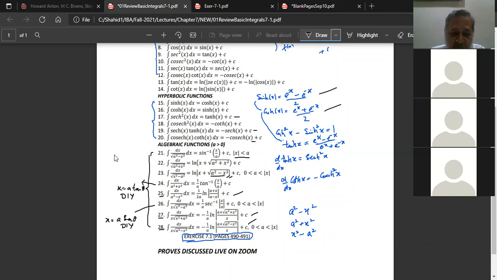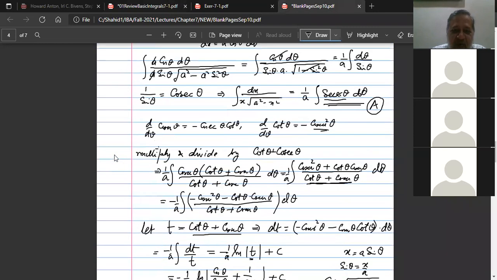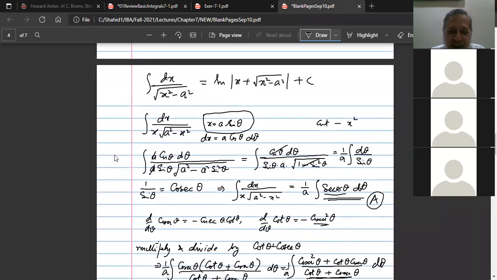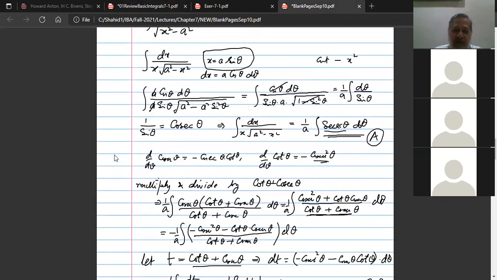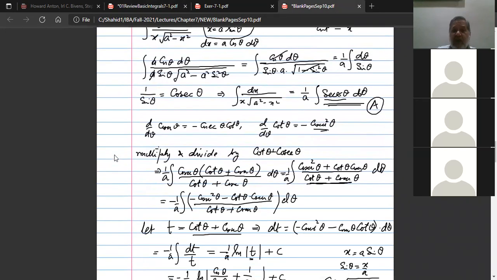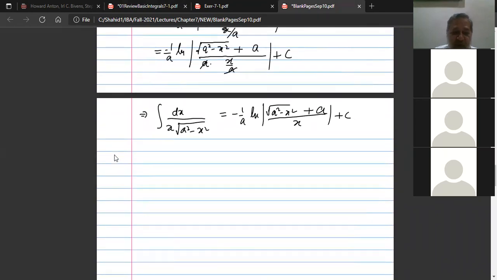But let me tell you, these proofs, if not very difficult, then not very simple either. These will be as complicated as these proofs.